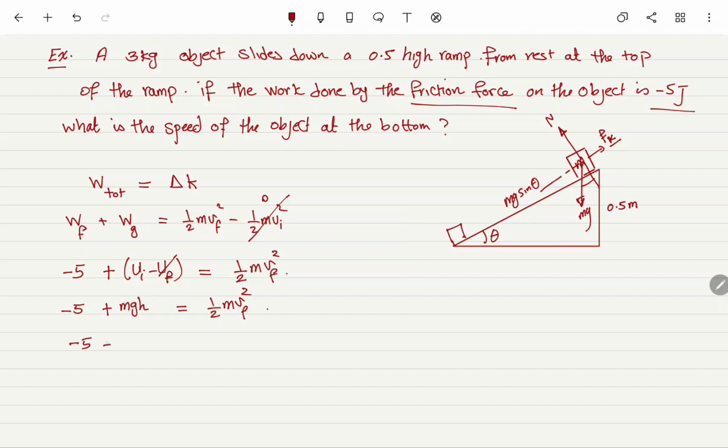Minus 5 plus 3 times 10 times 0.5 equals 3 over 2 v final square. In other words, minus 5 plus 15 equals 3 over 2 v square final, and the v final in this case is equal to 2.54 meters per second.